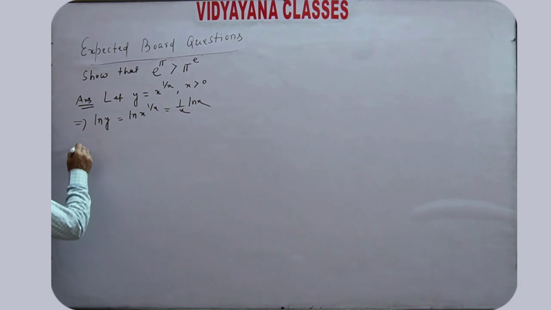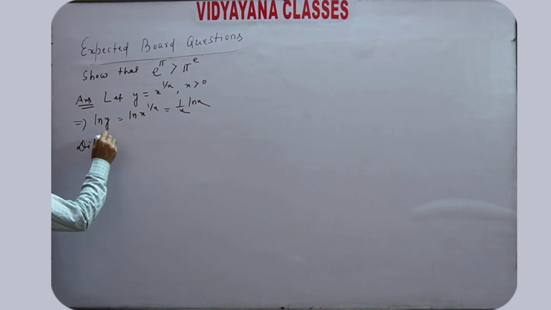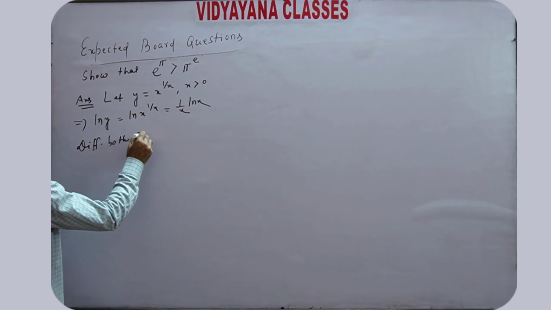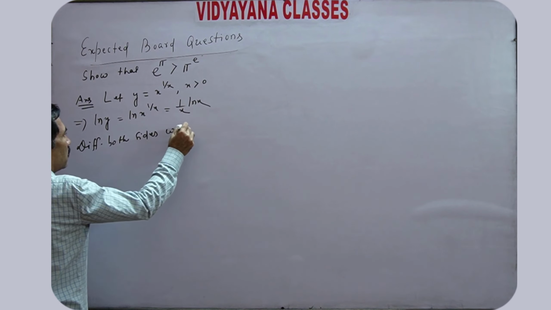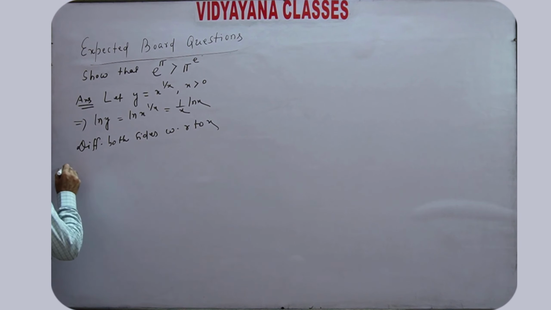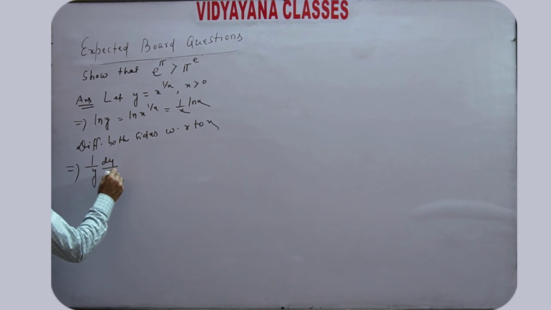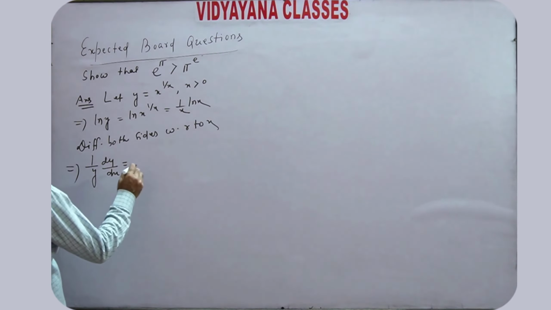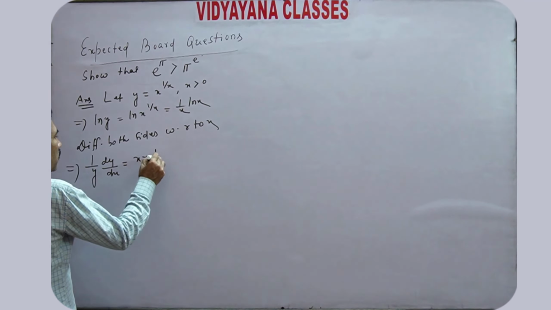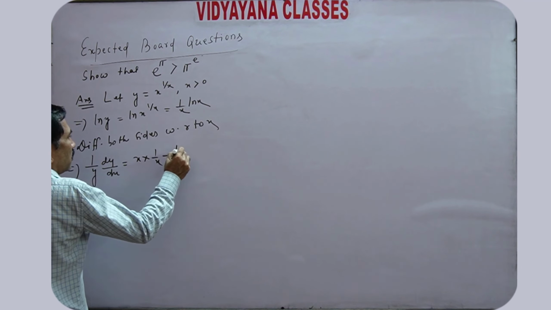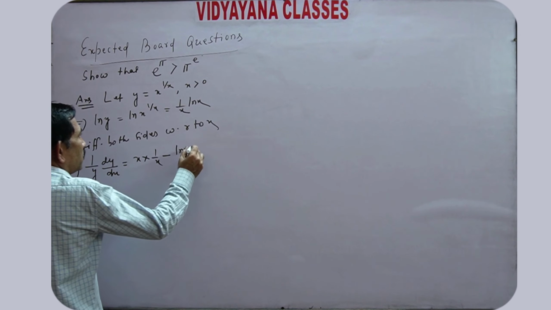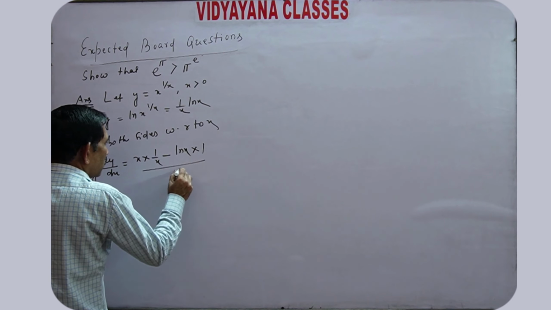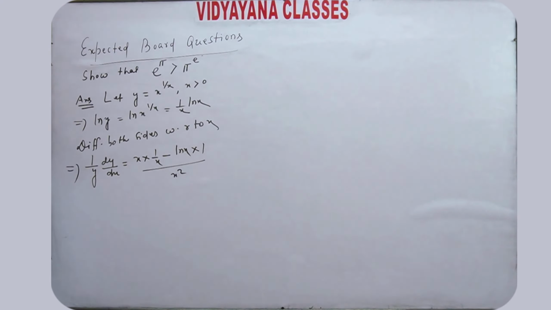Differentiating both sides with respect to x, it implies 1 by y dy by dx is equal to x into 1 by x minus ln x into 1 divided by x square, in the form of u by v. Clear?